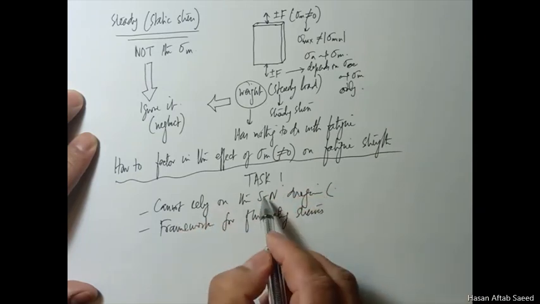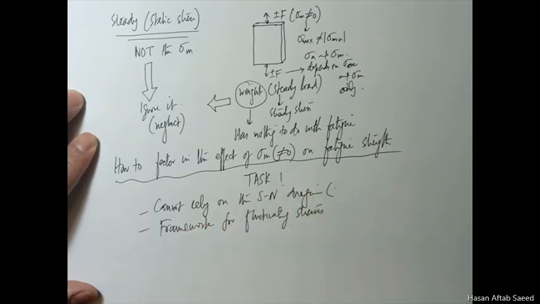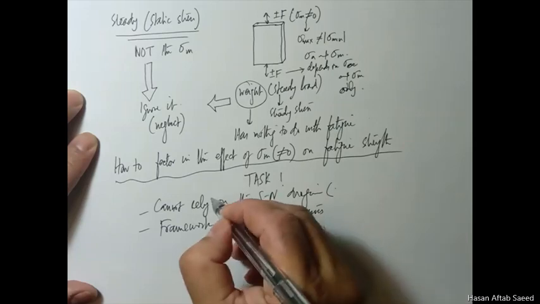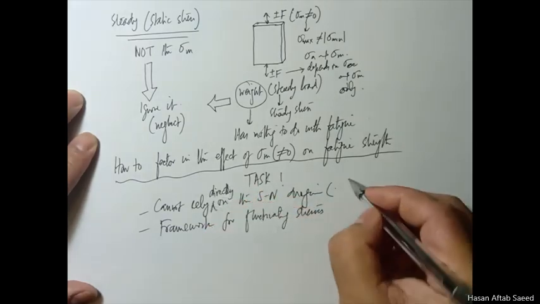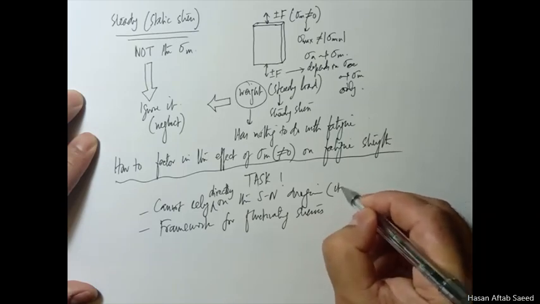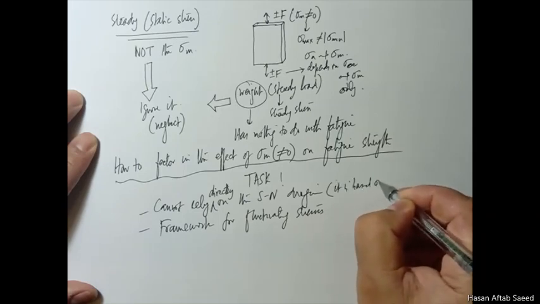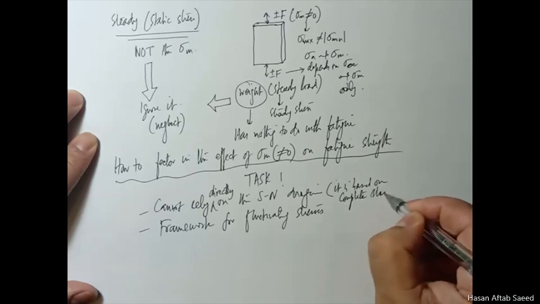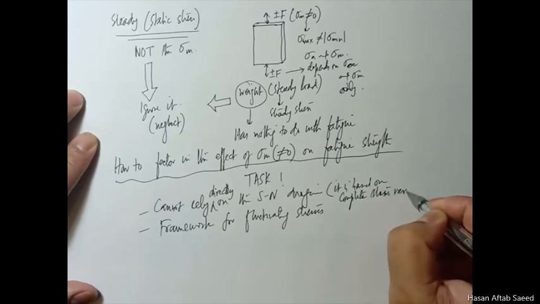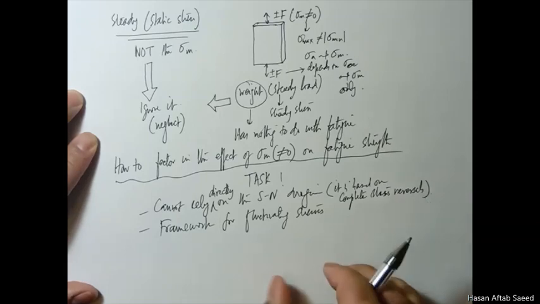Why can the SN diagram not be used directly? Obviously we'll use it indirectly, but not directly, because it is based on complete stress reversals. That's why.